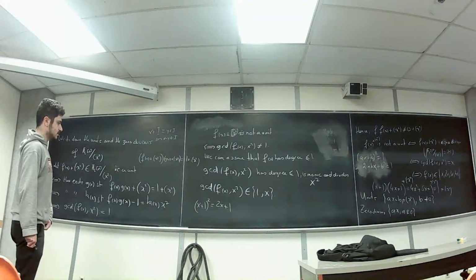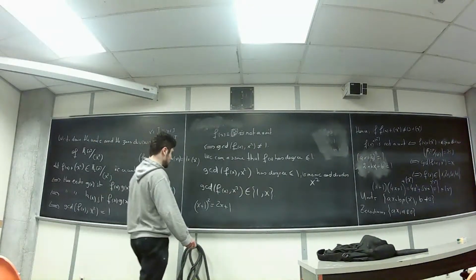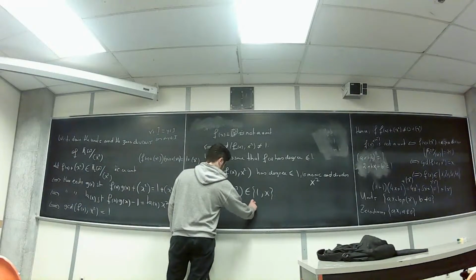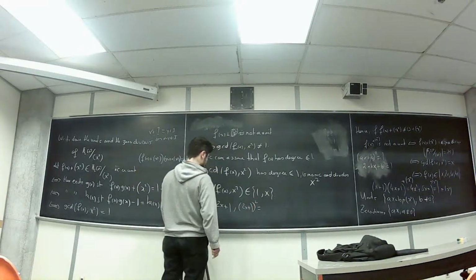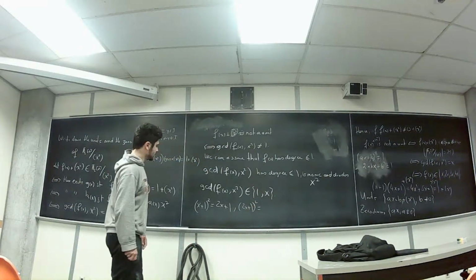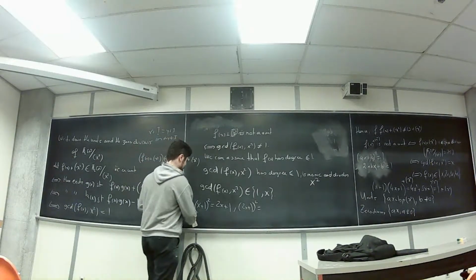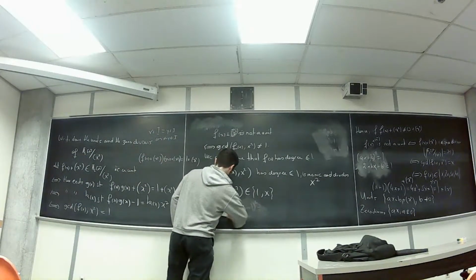Yeah, you do have 20 units. So x squared is just 2x plus 1. This is weird. I'll double check. Don't take my word for it.